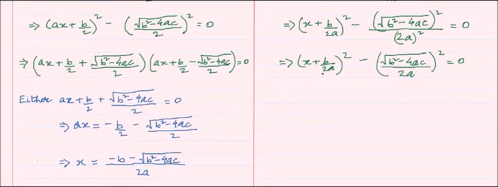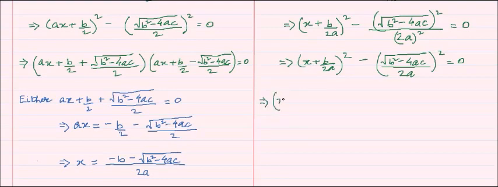Okay. Next we see that we have got this in the form of a square minus b square identity. This whole part represents a and this whole part represents b. So what was a square minus b square equal to? It was equal to a plus b times a minus b. So we write that.